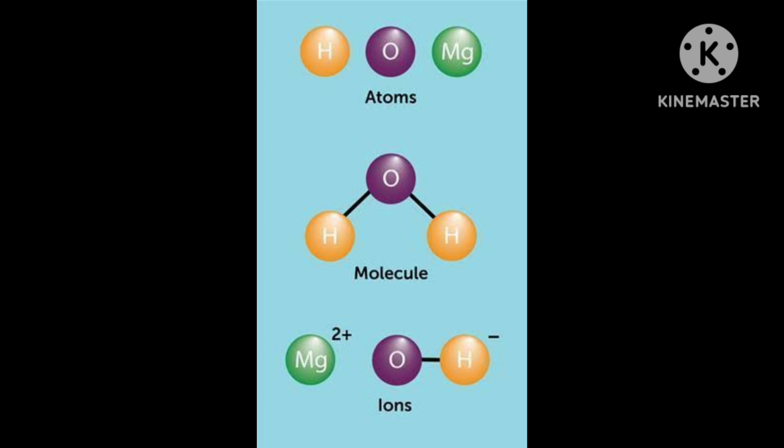And Fermi is equal to 10 to the power minus 13 centimeter, or you can say 10 to the power minus 15 meter. Centimeter can be converted into meter. Now other subsidiary units I am telling you.